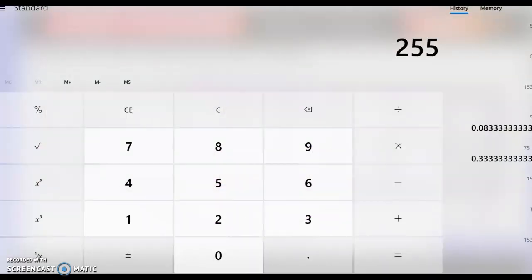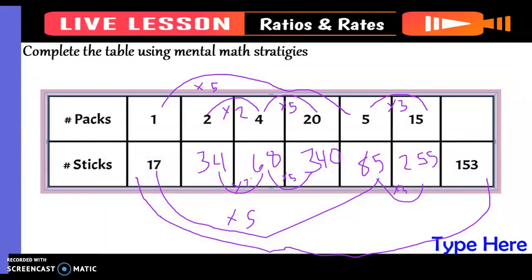If I was to take a calculator, I can say 153 divided by 17. That gives me 9. So that means 17 times 9 is 153. So 1 times 9 gives me 9. So 9 packs have 153 sticks.